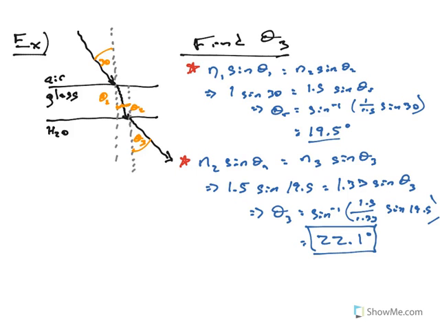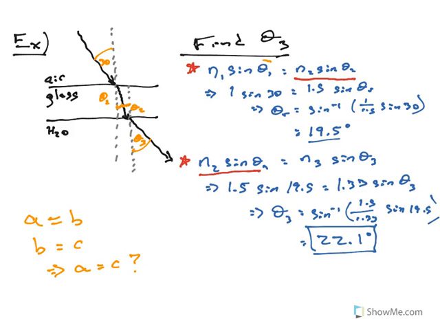Think about this. If n1 sine theta 1 is equal to this, and that thing is equal to the n3 stuff, doesn't this mean the same thing? A equals B, and B equals C. Then shouldn't A equal C? Isn't this a logical truth?